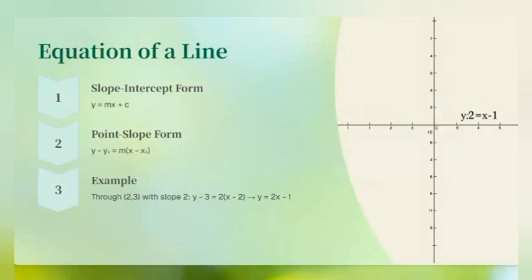The 2 and 3, what is it? So this is the point 2 comma 3. This is a point on the line that we are given, right? So that represents our x and y coordinates. Like I said, x is normally written first and then y. So x comma y.